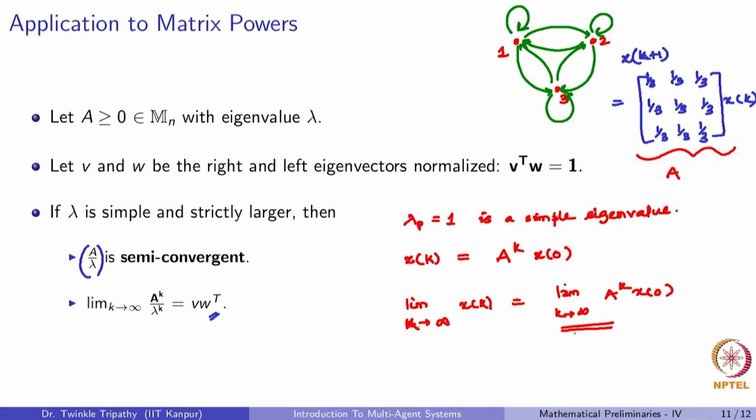Now, according to this result, this says that lambda must be simple and strictly larger than every other eigenvalue. Now, since this is a positive matrix from Perron-Frobenius theorem, we know that the matrix A already satisfies this property, right? Meaning, we can go ahead and directly write this formula. What is lambda in our case? It is simply equal to 1.